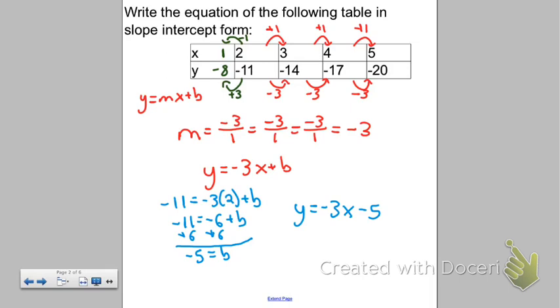I still have not reached x equals 0, so I need to move back again. If I subtract 1 again, I get 0. And now I'm going to do the same thing, and I'm going to add 3, and I get negative 5. So here is my y-intercept, which is negative 5, which is the same answer. So either way, you still get y equals negative 3x minus 5.